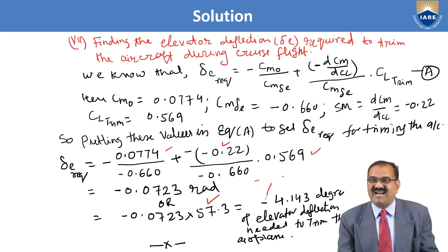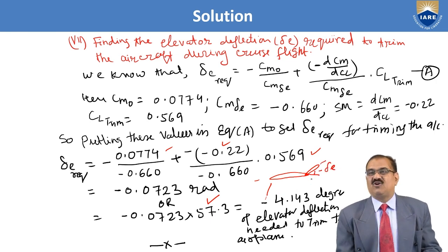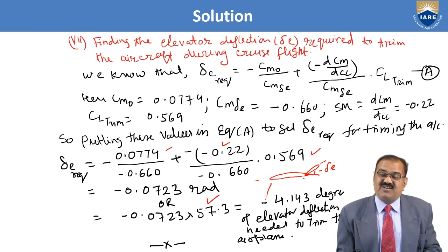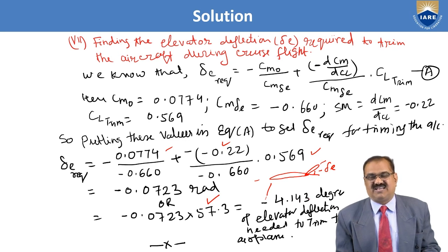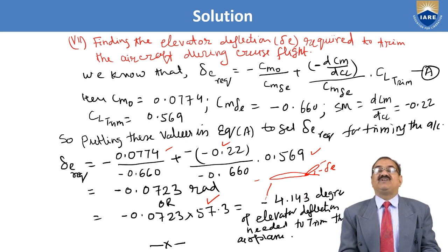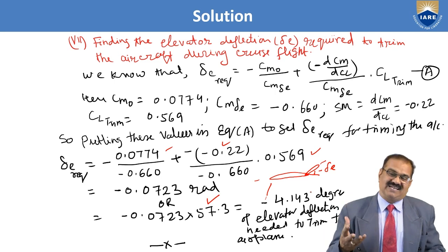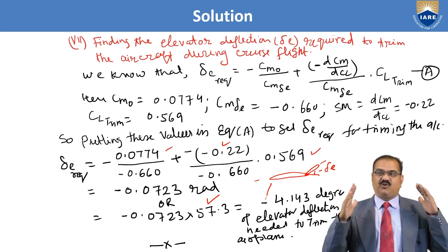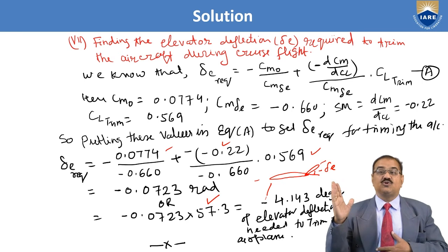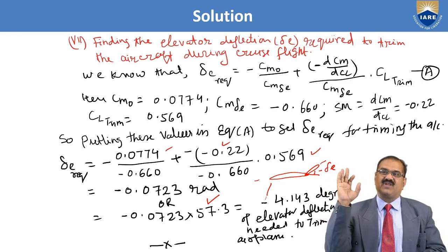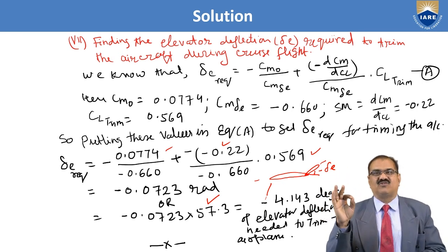This minus indicates that if this is the horizontal tail and this is the elevator, this is the minus delta E, upward. It means you have to deflect the elevator upward by 4.143 degrees so that your aircraft will be trimmed. If you are the pilot flying the aircraft and want to trim in this given condition, you should raise your elevator upward by 4.143 degrees.